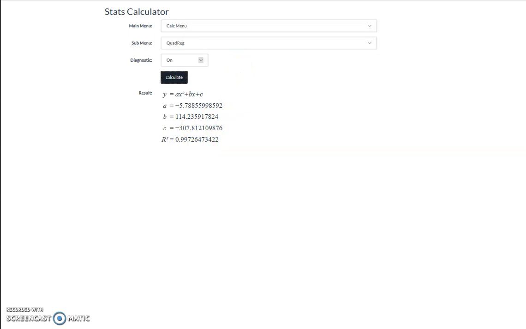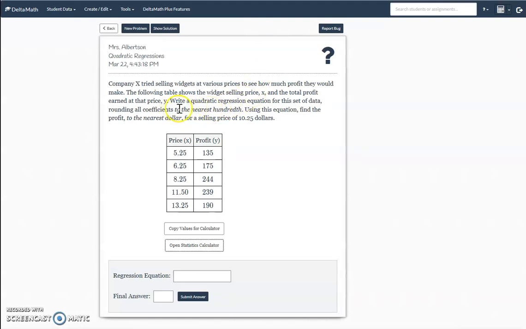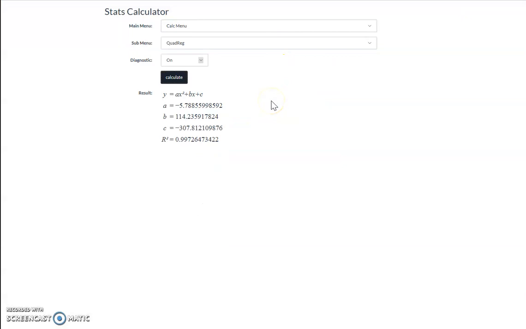Just to remind us, we're supposed to be rounding to the nearest hundredth. So that means 2 decimal places. So I'm going to go right here. And if you think of it as money, this is going to be negative 5.79. So this 8 is going to cause this 8 to bump up to be 79 cents.